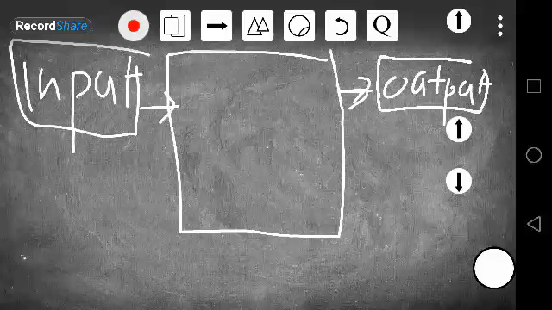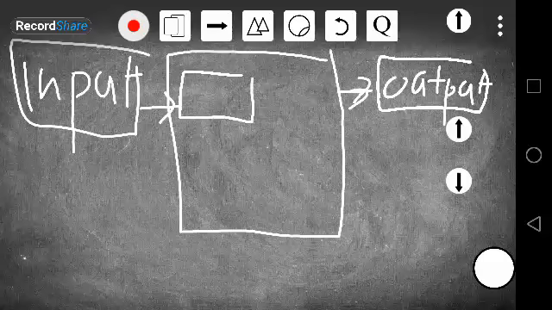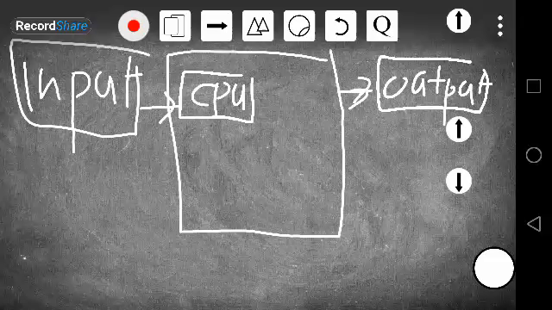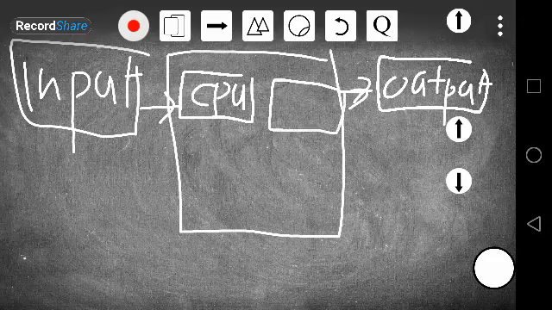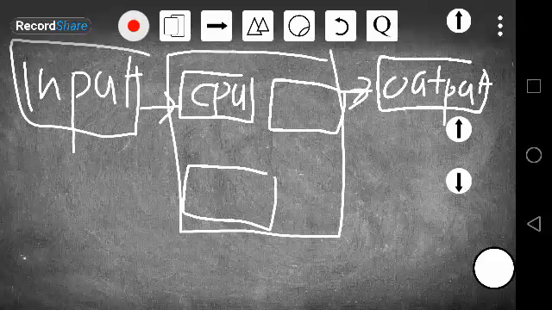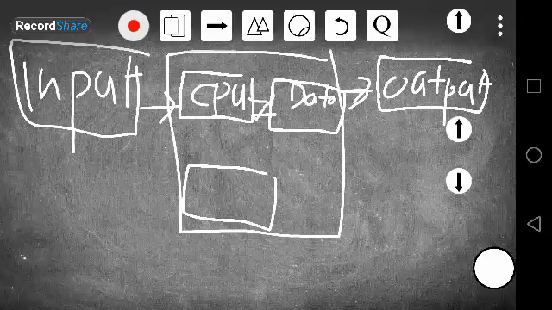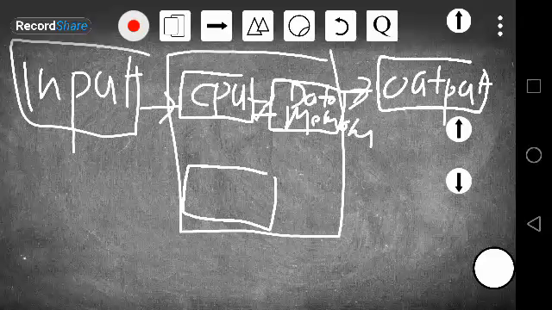So on Harvard now, this is our CPU, the central processing unit, and this is the first block, and this is the other block. So this one is the data memory. And this one is the instruction memory.